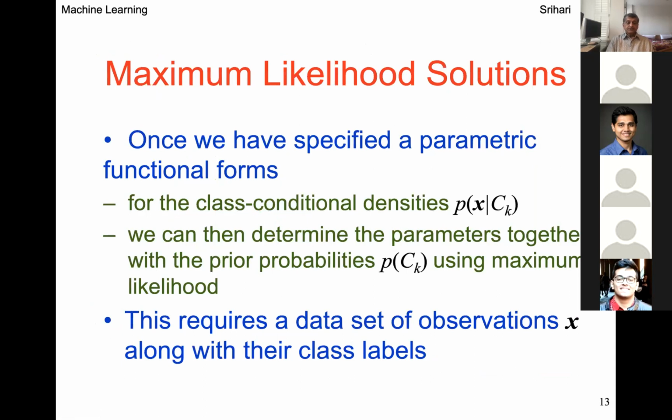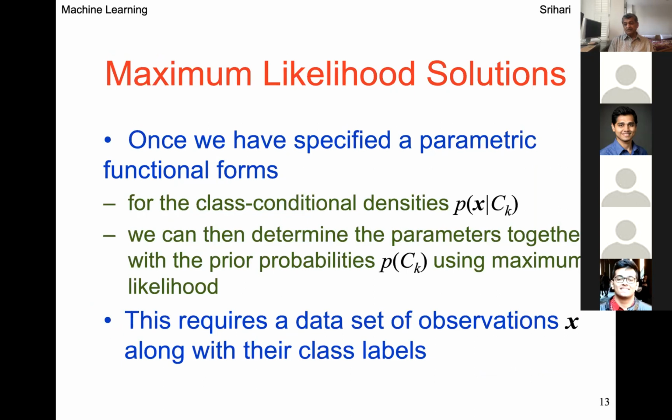All right. So this goes on to maximum likelihood solutions. This says, well, if you had those Gaussians, this is what the boundaries look like. So once we have specified parametric functional forms for the class conditional densities, we can determine their parameters together with prior probabilities using maximum likelihood.